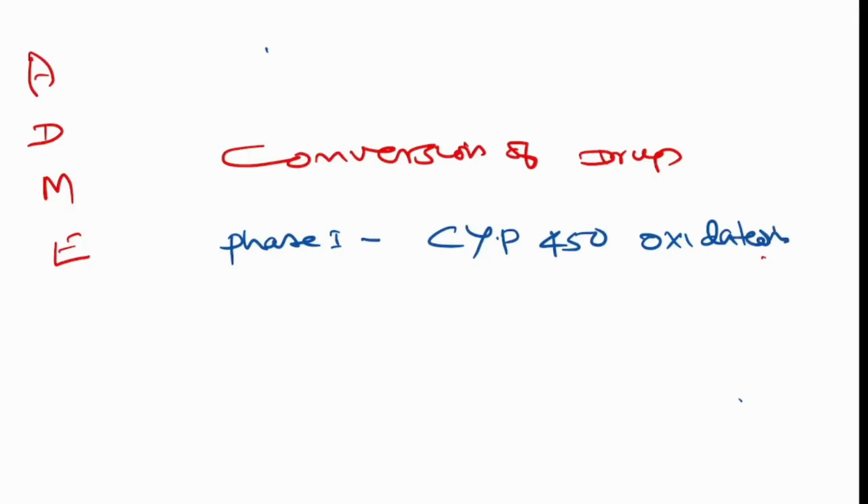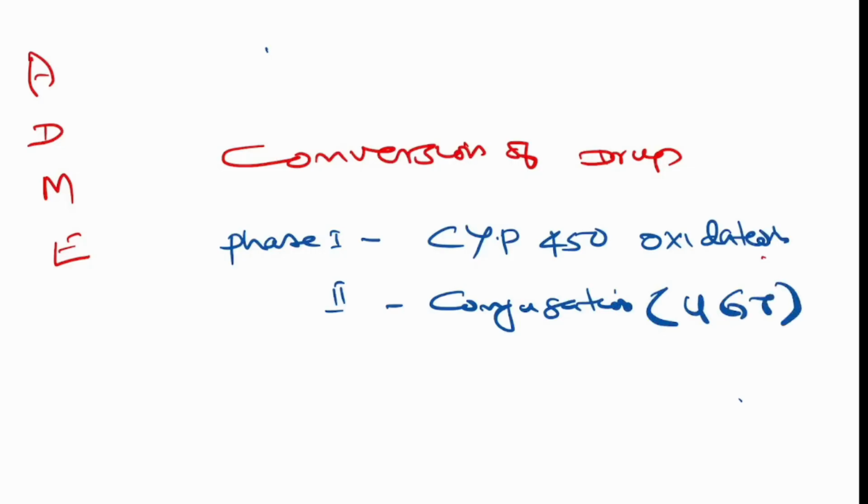Phase 2 is conjugation, UGT, which forms water soluble compounds. So these are the two ways.